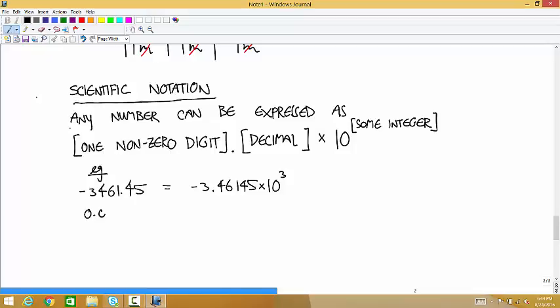And 0.000, how many zeros did I make here? 0000, 4 zeros, 815, can be written as 8.15 times 10 to the minus 5.